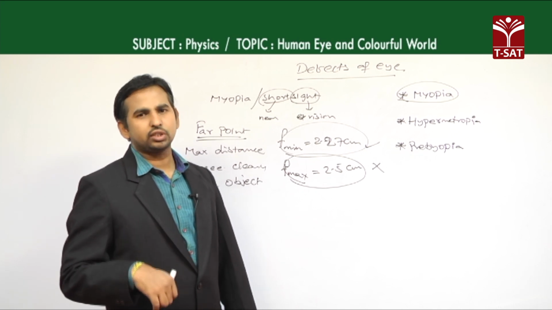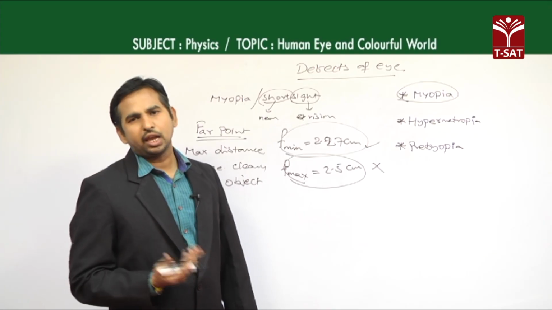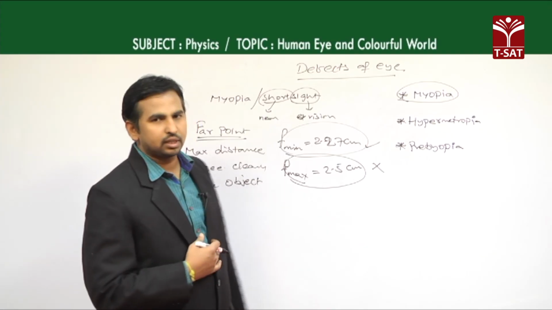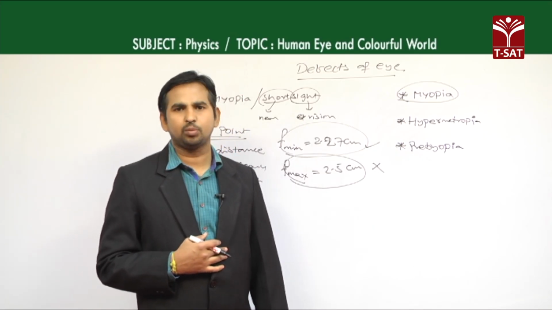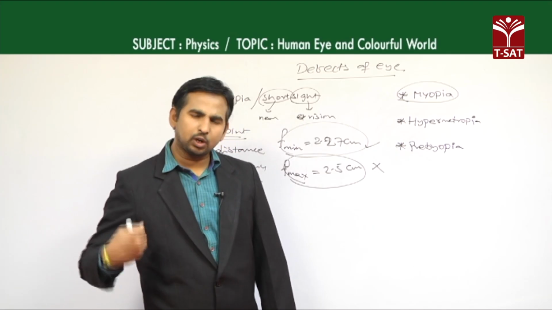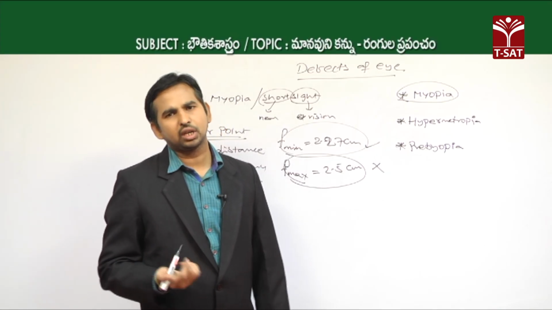Then the next question is about how to correct this myopia. The problem with myopia is, as I said, that only if we place the object beyond the far point do we get the problem. Before the far point, down to the least distance of clear vision, we do not have any problem.